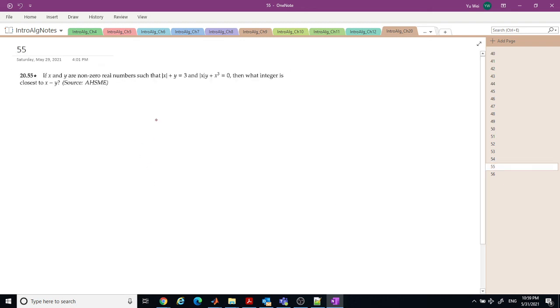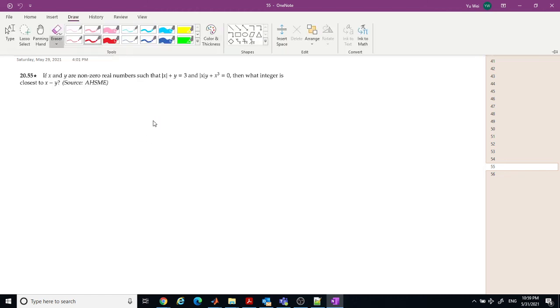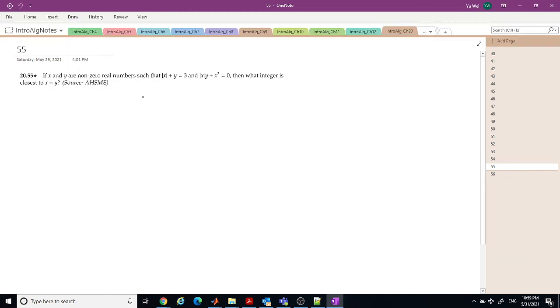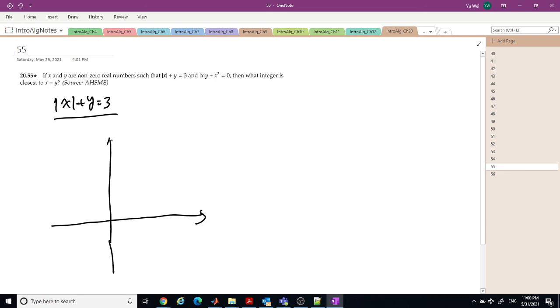Next. So we know x, y are non-zero such that this one. Let's draw a picture first. x plus y equals 3. So we cut the x into 2 different regions: x less than or equal to 0 or greater than or equal to 0.